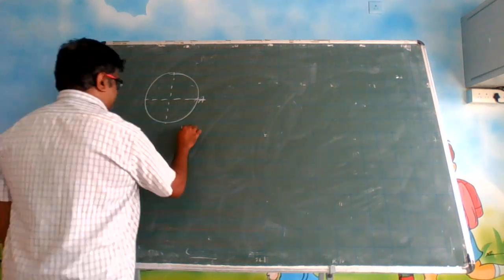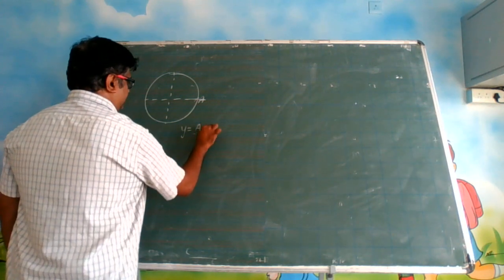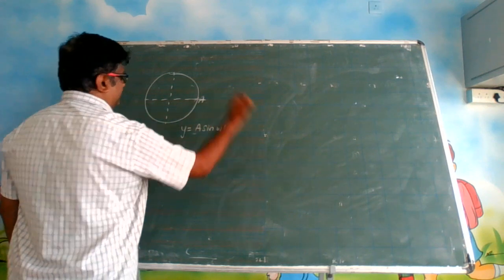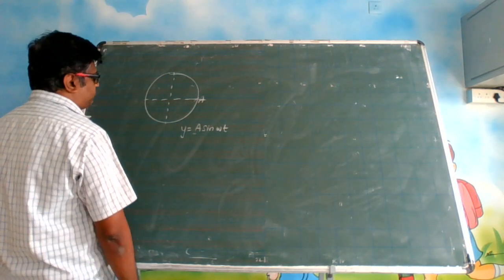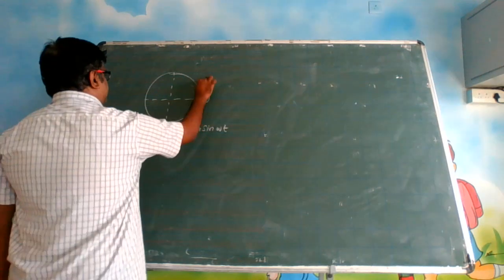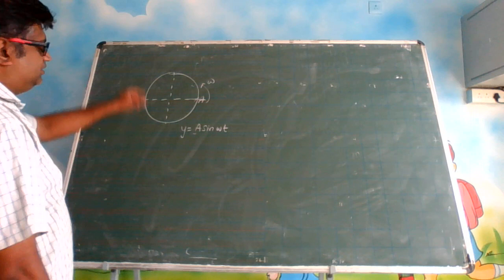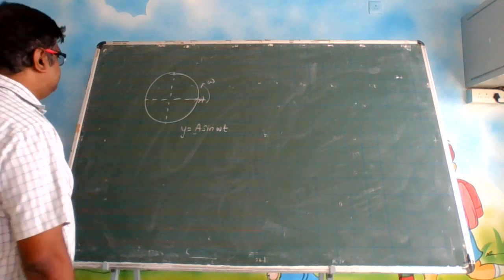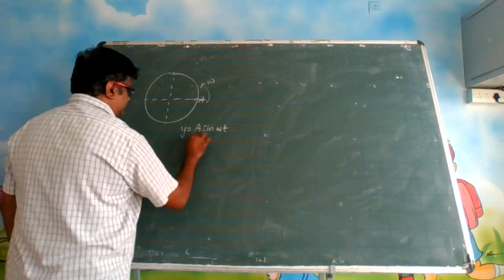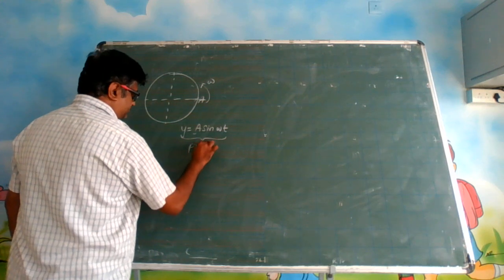We will write our expression as y is equal to a sine omega t, okay, where omega is the constant angular speed with which the particle is rotating in the circle, and this is projection, okay.